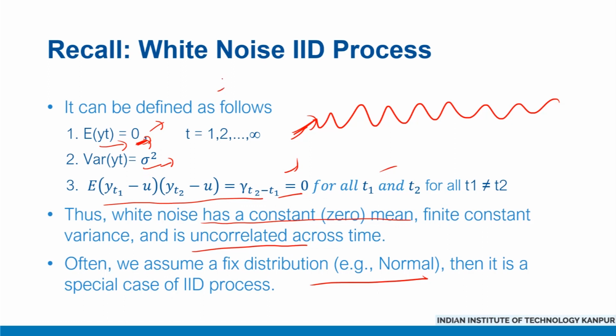Now, why is this white noise IID modeling needed for the error term ut? The idea here is that when you model a process yt, maybe some kind of ARIMA model, and then you extract the residuals from the model, we assume that if the modeling has been good, then the residuals should be very clean. They should not have any pattern or structure that requires modeling.